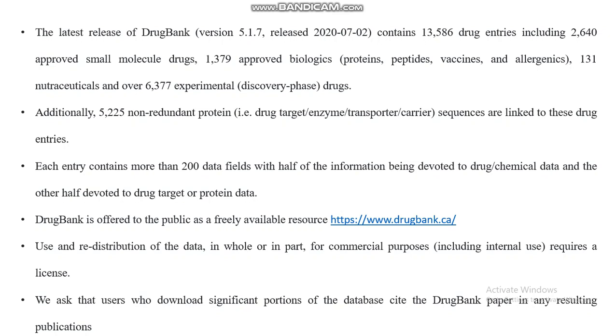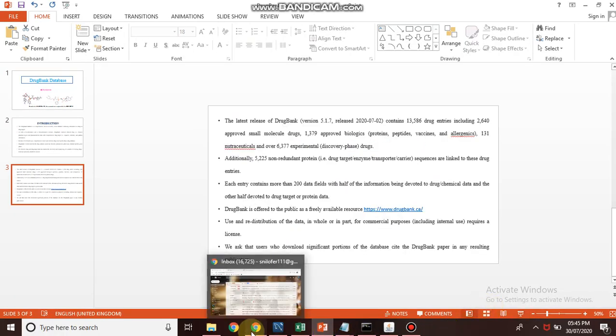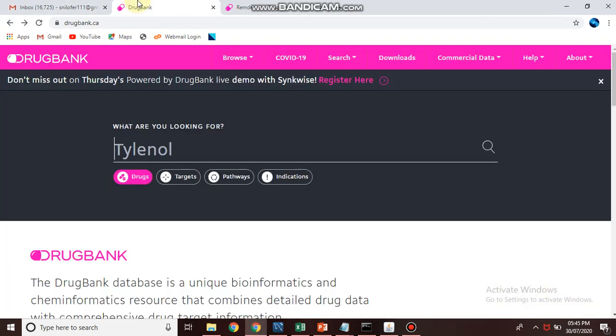We ask users who download significant portions of this data to cite the DrugBank papers in any resulting publications. So I will show you how to use this database and how to search for particular drug information.